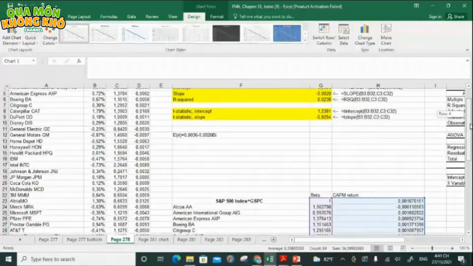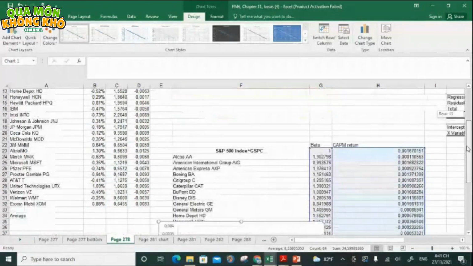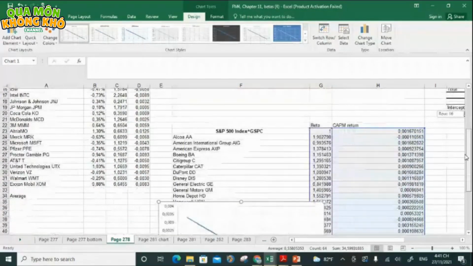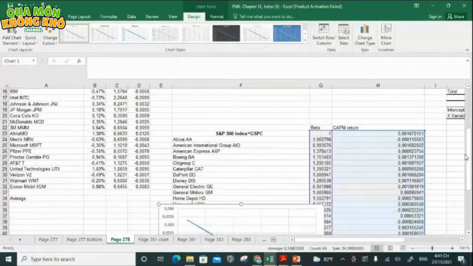So here we just use the S&P 500 for the market portfolio, and it's not precise, so we don't have the precise beta in the second pass regression.